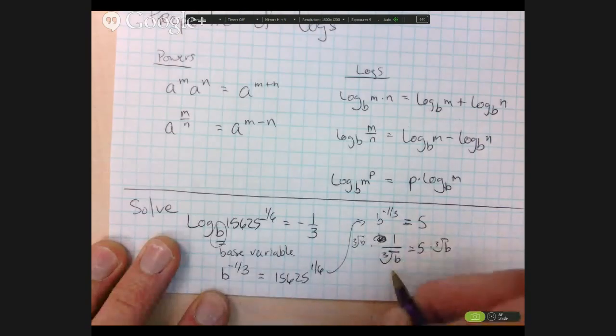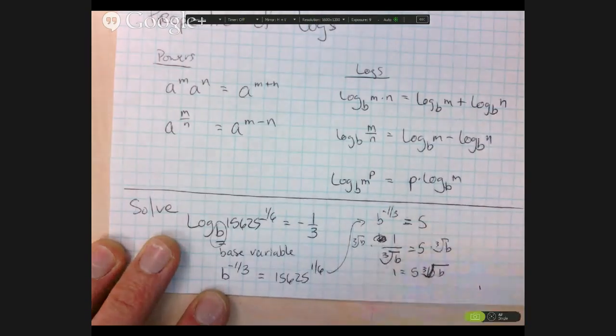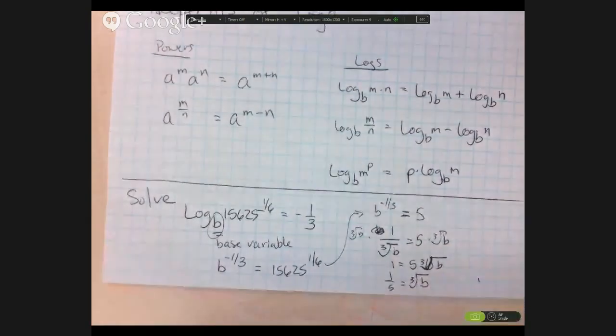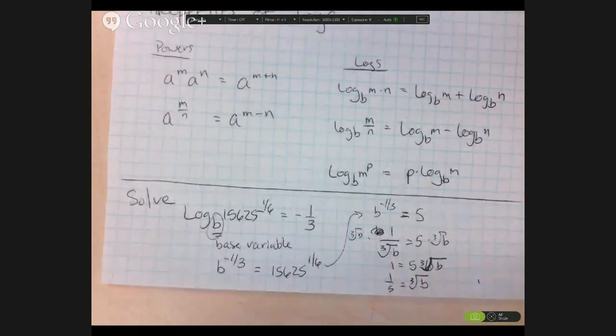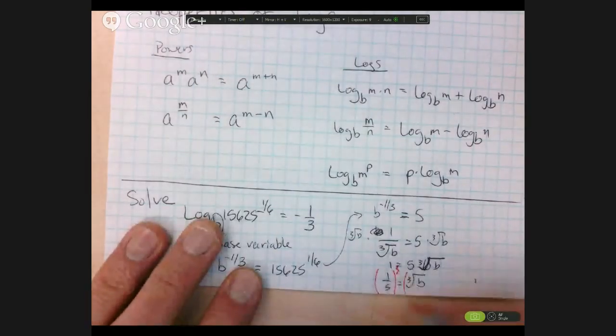So we get 1 equals 5 cube root of b. So 1/5. And how do we finish it? Yep. You said it.